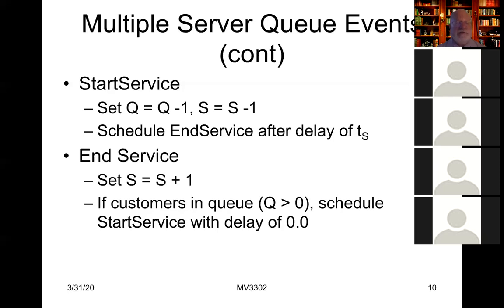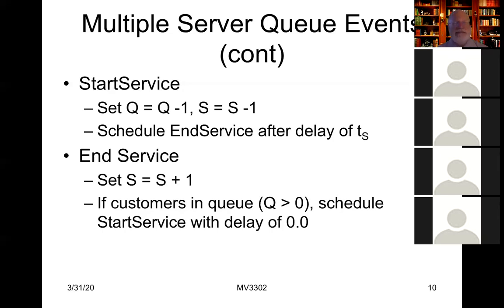And finally, the end service event. What does this represent in the system? It represents the customer who has finished service. And what happens there? Basically only one thing. The server who was busy is now available. In terms of the model, that means that S is 1 greater than it was before. So if there were 2 available servers before, now there are 3. If there were none before, now there's 1. But then the question is, what does the server do next?